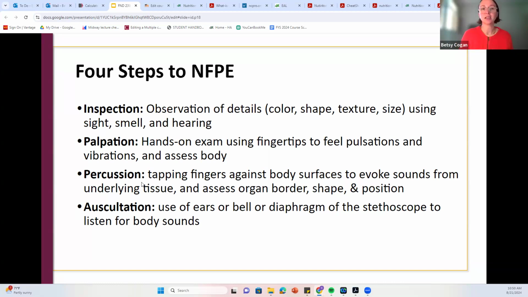We can use percussions or sounds to help us understand nutritional status. And right, we can use our ears to hear for body sounds. Specifically, right, we might be listening to the GI tract to hear for bowel movements that could maybe give us more information about the gut and how well it's functioning.